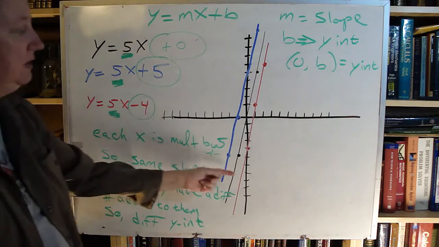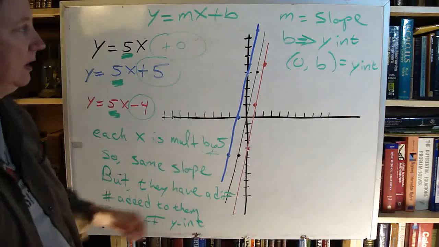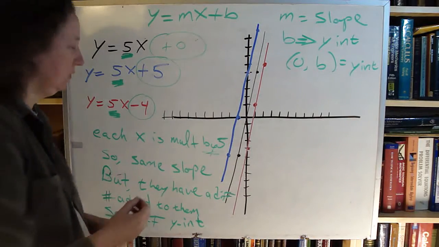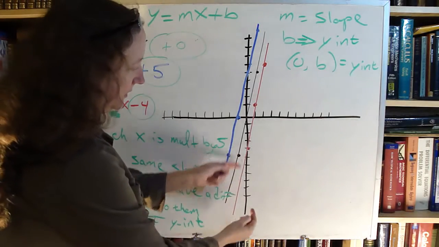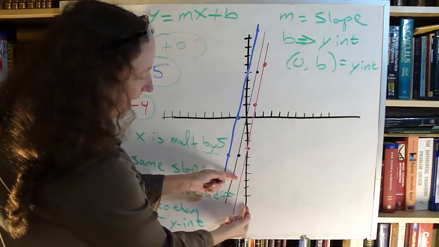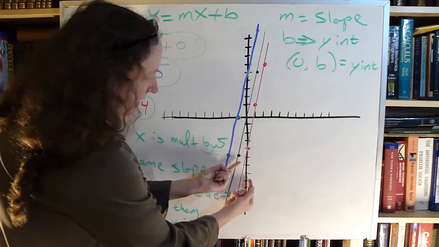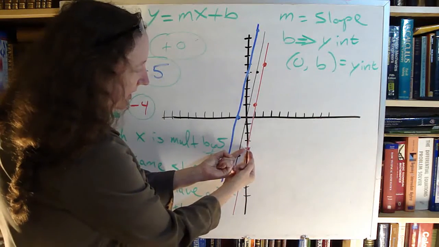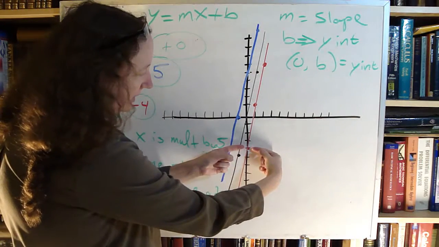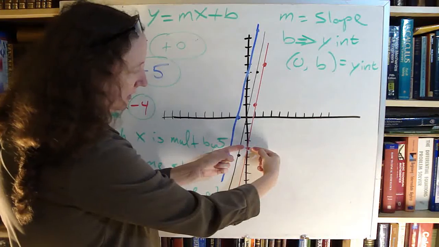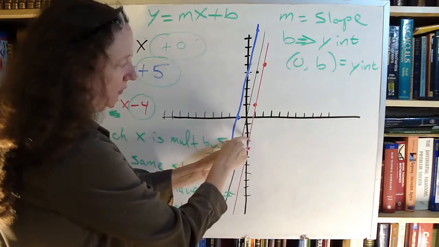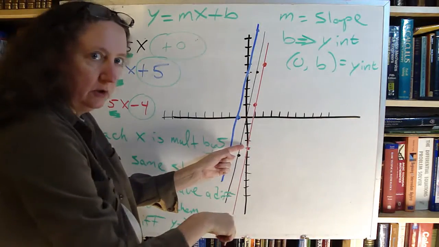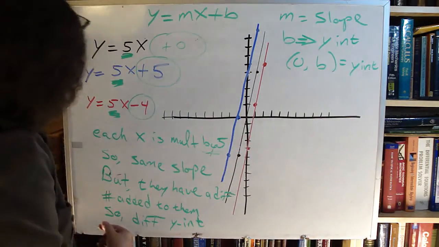So if you look at each of these lines, the y-intercept is where the line, so the red line here, meets the y-axis. So we have the line coming up, and it meets the axis at that spot right there. And that spot right there is 1, 2, 3, 4 down, so that is -4.